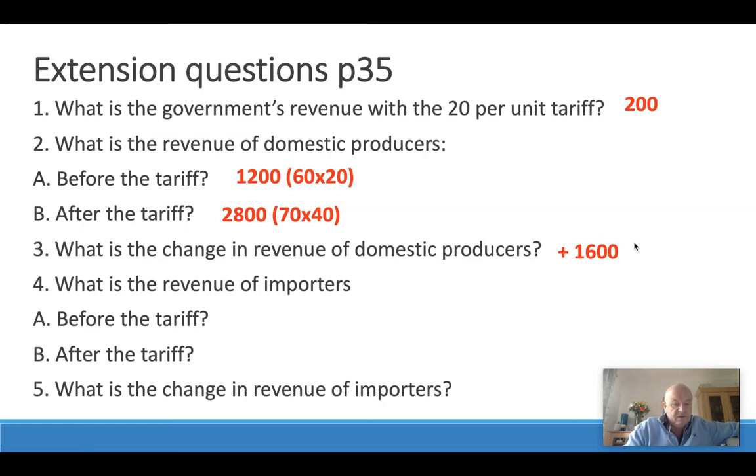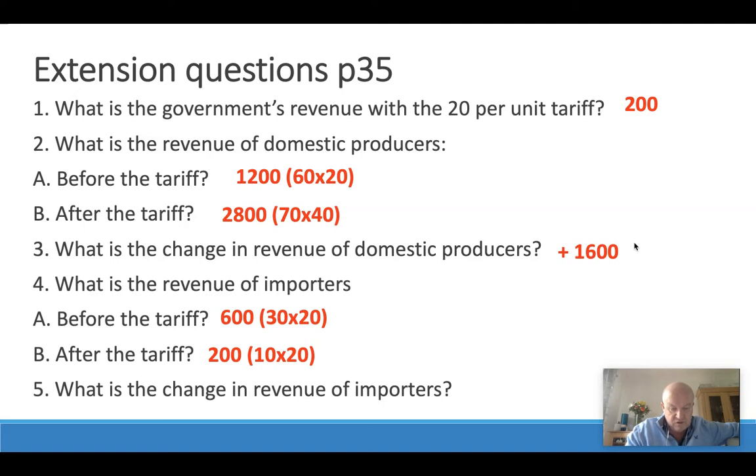Okay, and what about the revenue for importers then? Well, basically before the tariff, the revenue for importers was basically 30 times 20, so 30 units times 20 as the overall price. But after the tariff, well, basically there would be a reduction, because they would reduce the number of units to 10 times by 20, which would be the revenue that the importers would achieve.